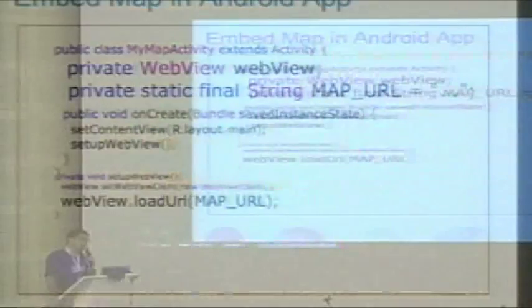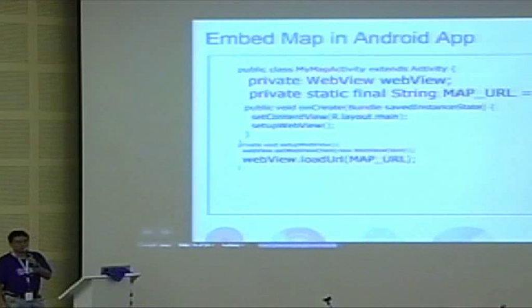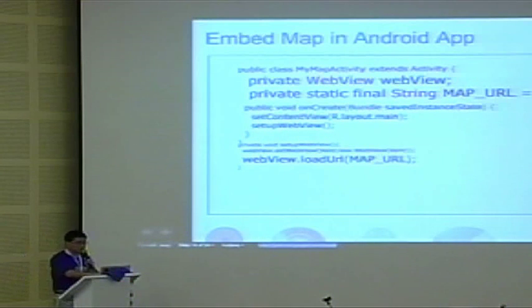How do we embed that map inside an Android application? To do that, all we need to do is create a native application. In this case, it's a very simple native application. You extend it from this class Activity, which is a generic Android class. And then you specify an instance of the so-called embedded browser, WebView.